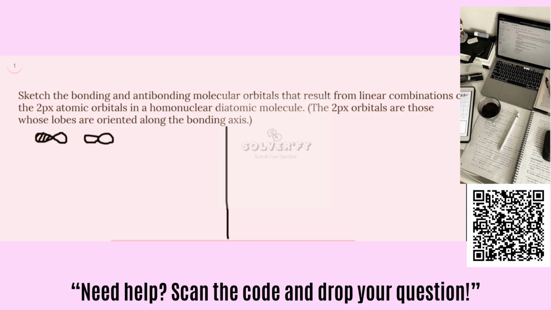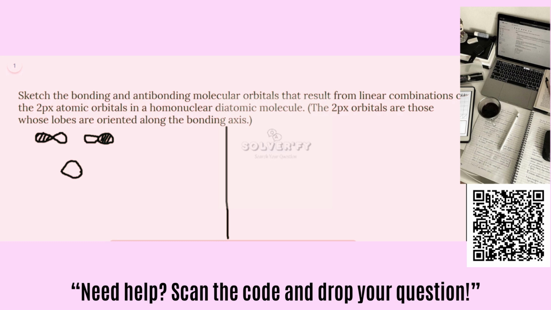That means that this guy has to have its white lobe pointed towards the center because we need those two to interact constructively. So now if we imagine taking these nuclei and moving them into a distance where they can interact, we would see that this first lobe, let me draw this a little bit better, gets much bigger.